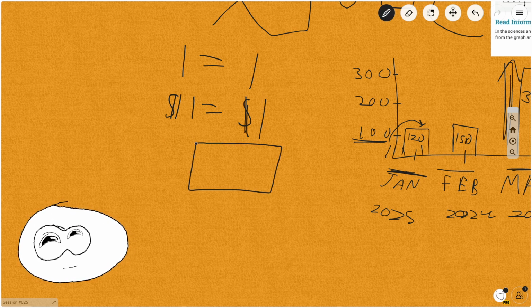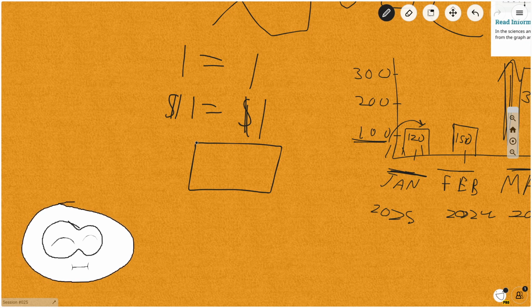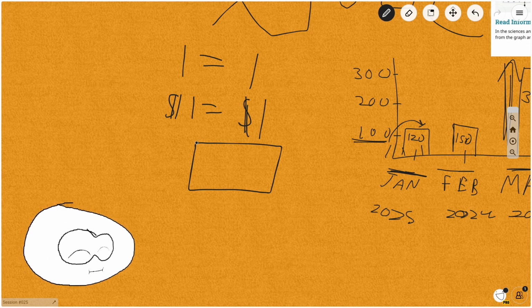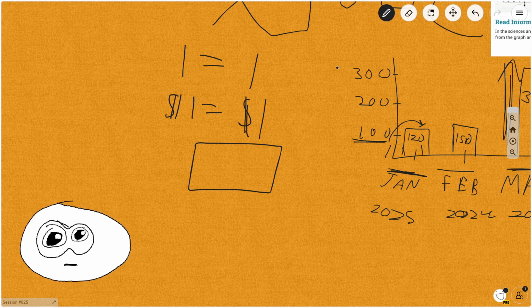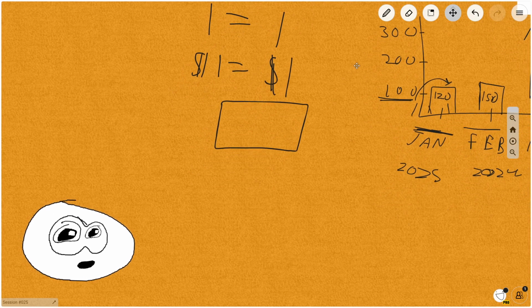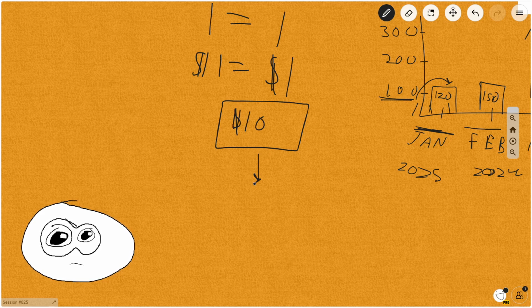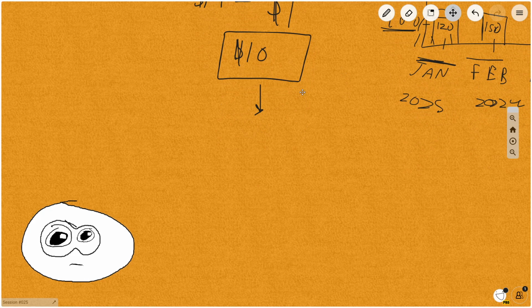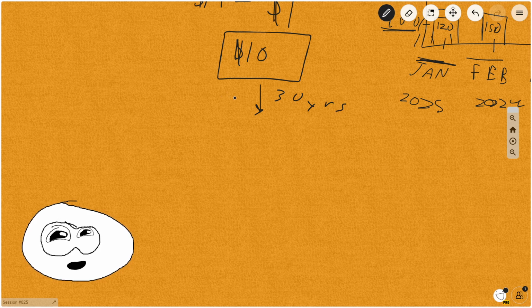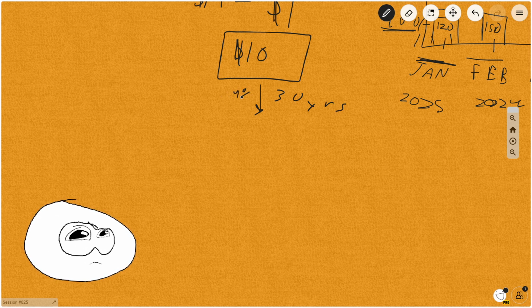A bond is a certificate. Okay, again, I'm not an accountant or financial advisor, but as I understand, a bond is something where you pay into it, let's say $10, and it gets held for 30 years at, let's say, 4% interest rate.